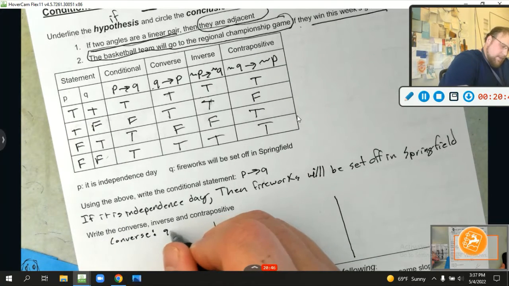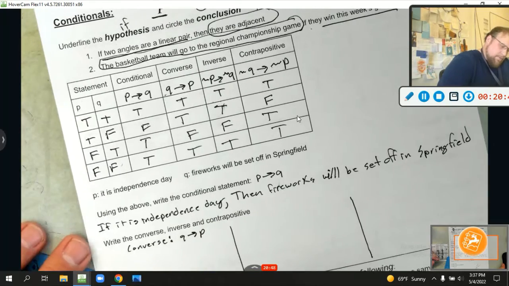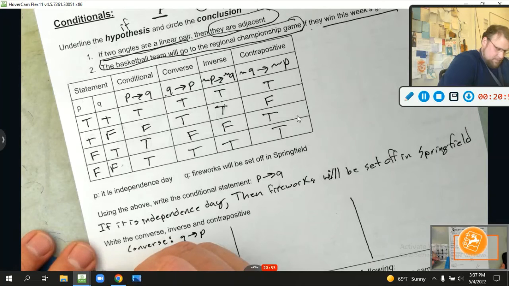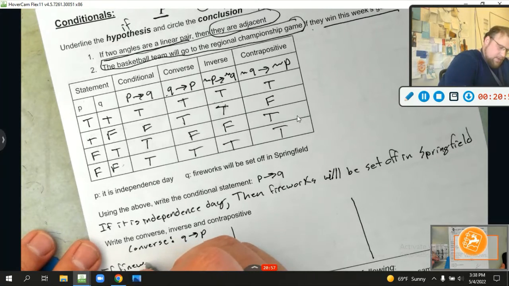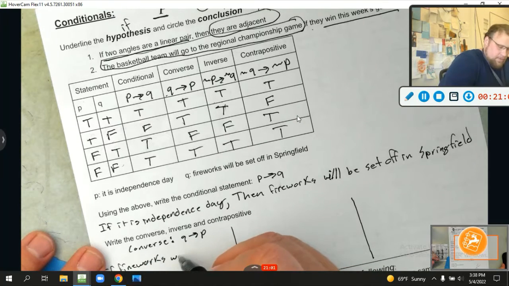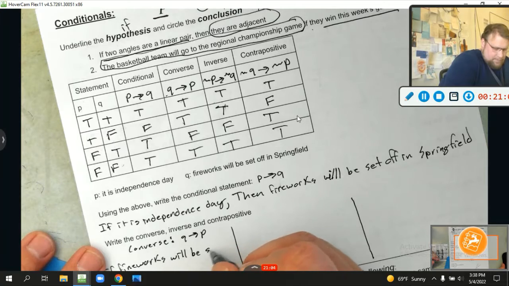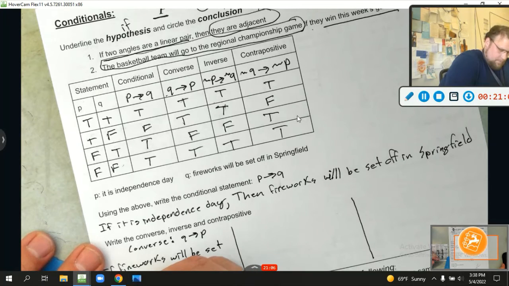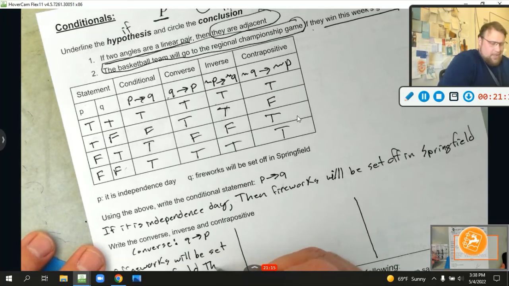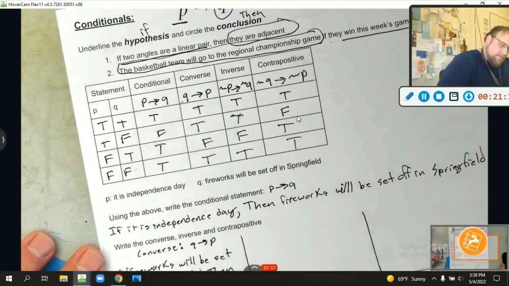And that is if Q, then P. So let's just write that down. So Q first. If fireworks will be set off in Springfield, then, I know, lots of writing, then what?